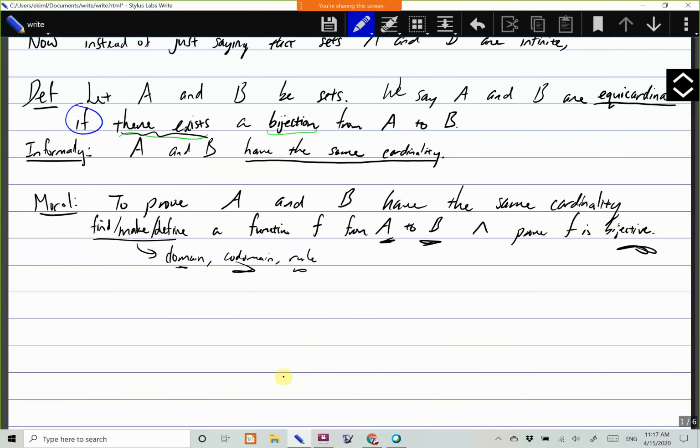And I need to maybe make the following comment, is you got to pick a good rule. So if you can't prove f, as you defined it, based on its rule, is bijective, maybe you've picked a bad rule, right? You might need to change the rule.